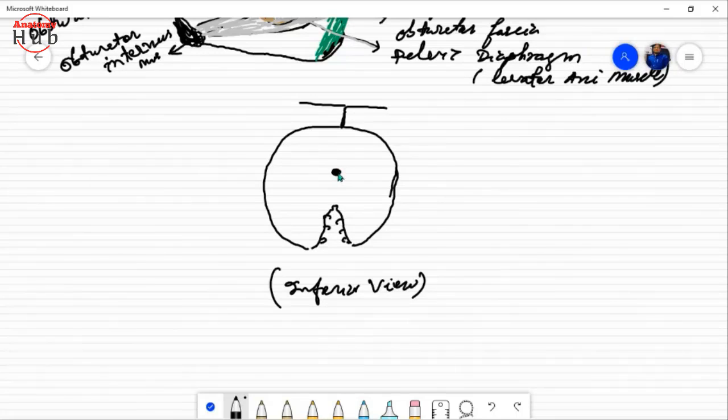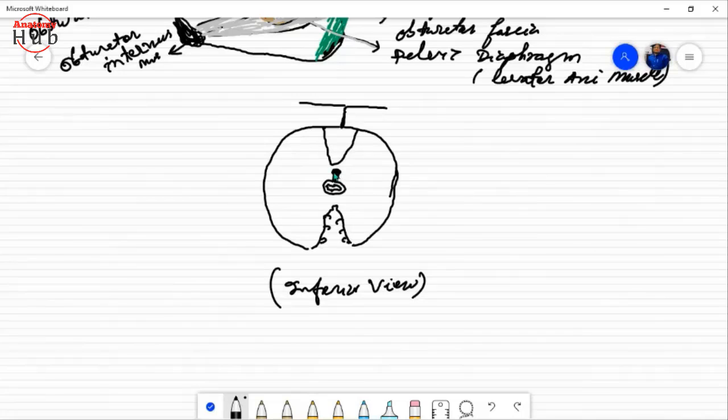So just anterior to this perineal body, here you'll find the urogenital hiatus, and posterior to this perineal body, you'll find the presence of your anal canal. Right. And here you'll find the anoperineal membrane.